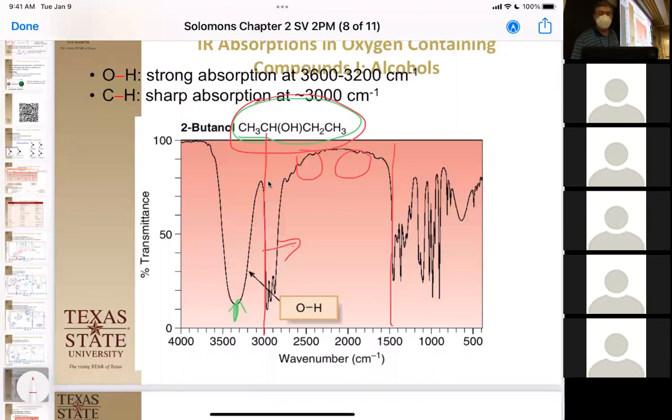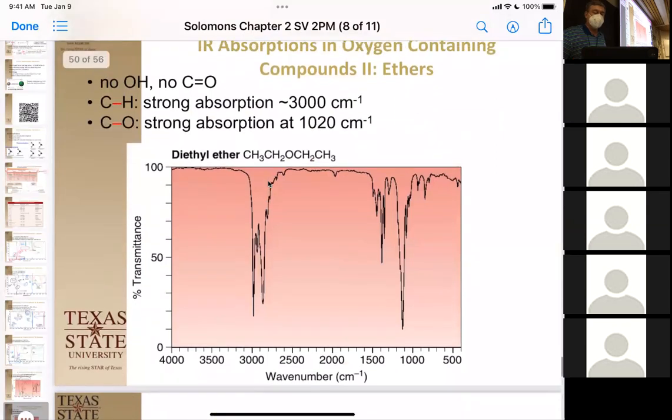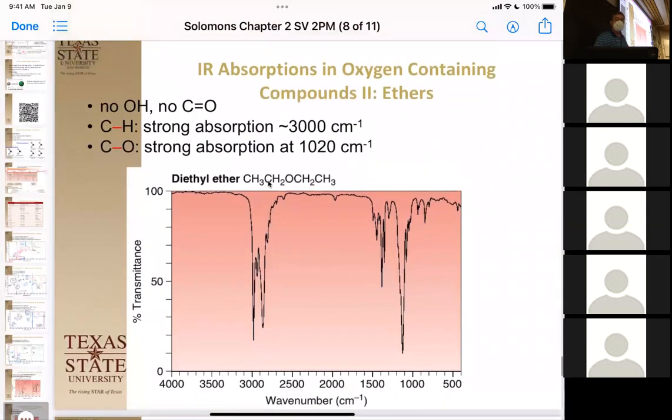In fact, we notice we have more peaks here than we used to. It's probably going to be that carbon-oxygen bond that's going to show up there, and it's going to be more intense than the carbon-carbon bond because polarity of the bond influences intensity. Okay, so does that make sense? What happens when we change out that oxygen and it no longer has a hydrogen on it?